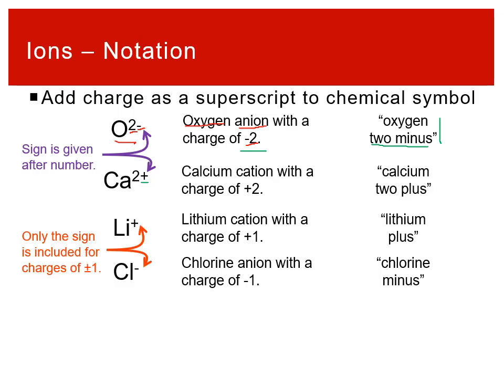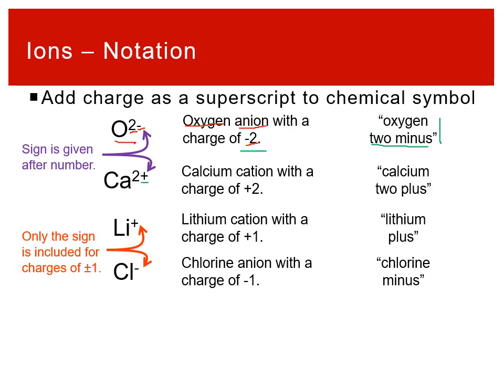For positives and negatives that are plus or -1, we don't include the number. This is an idea that we're going to see come up again, that chemists are pretty lazy when it comes to notation. If there's a 1 that could be written there, we generally just drop it. So instead of saying lithium 1+, we would just say lithium plus.